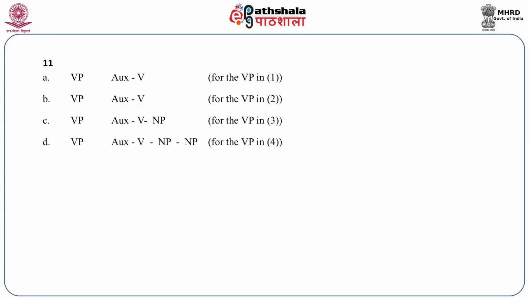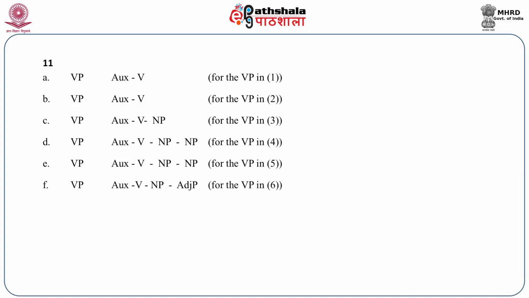In D the VP goes into aux, V, then two noun phrases. In 11E, which is for sentence 5, we have again two noun phrases which follow the main verb.